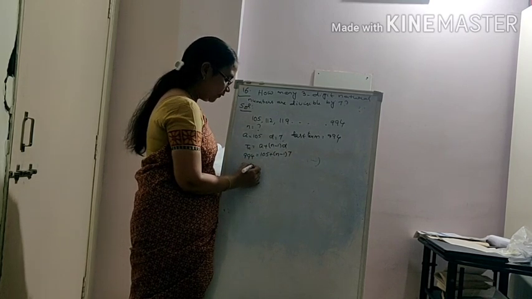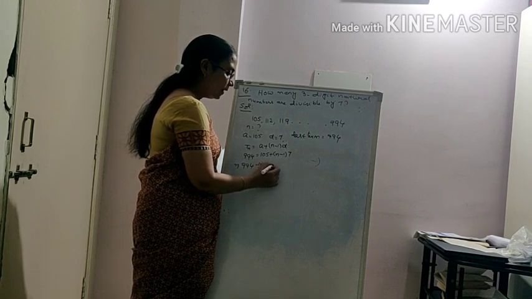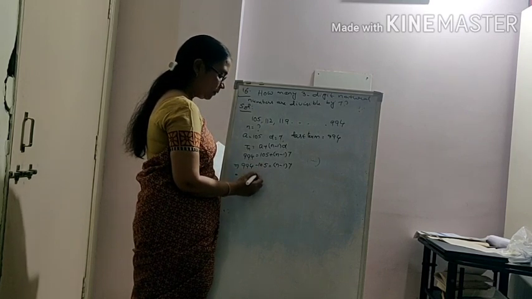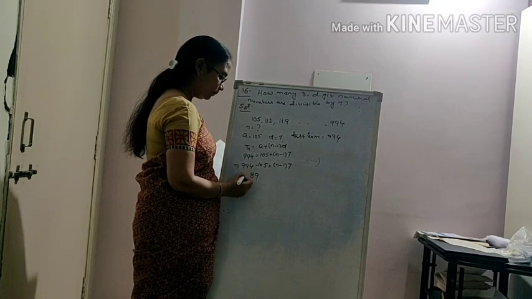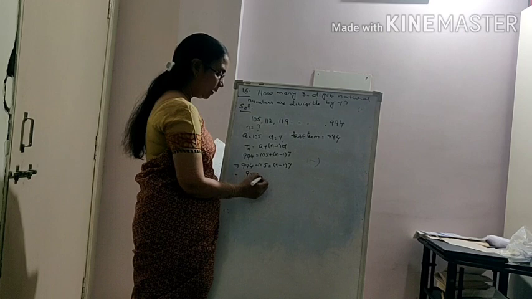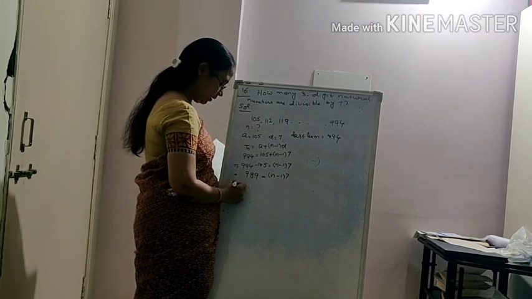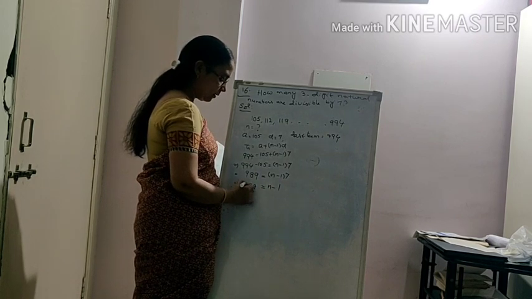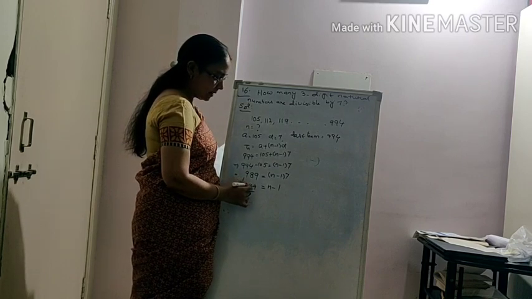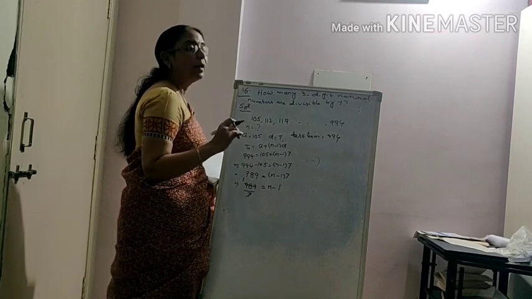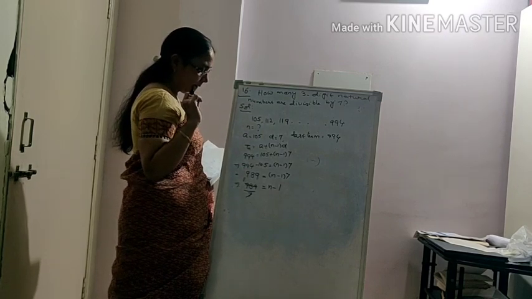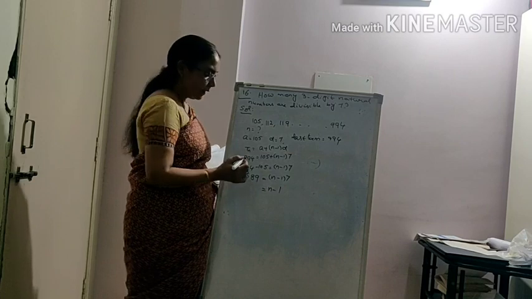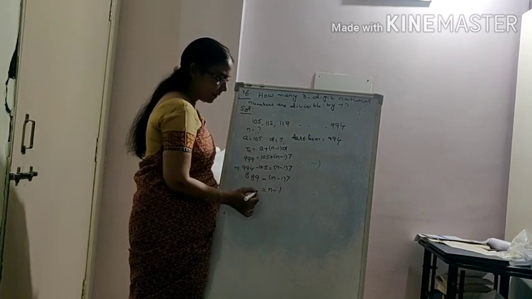Now 994 minus 105 is equal to n minus 1 into 7. 994 minus 105 is 889, so 889 is equal to n minus 1 into 7.